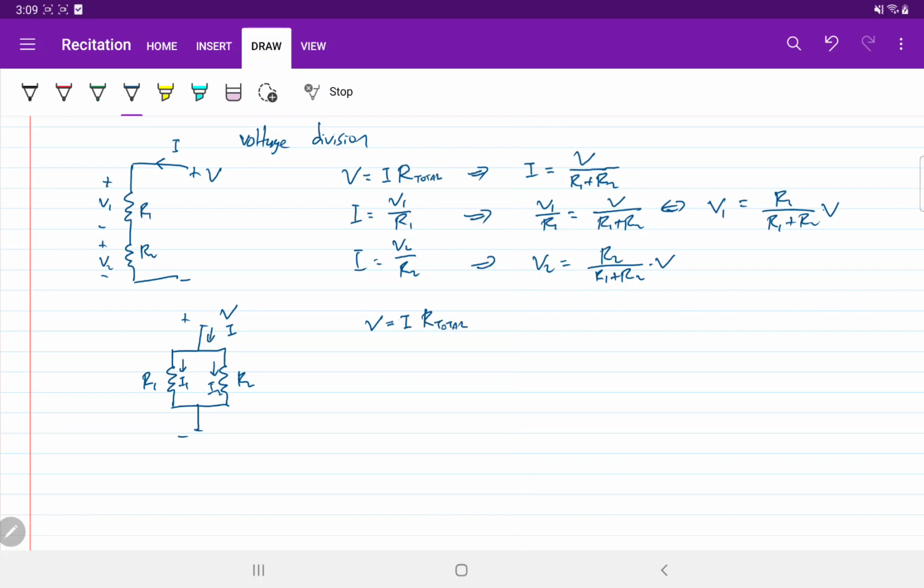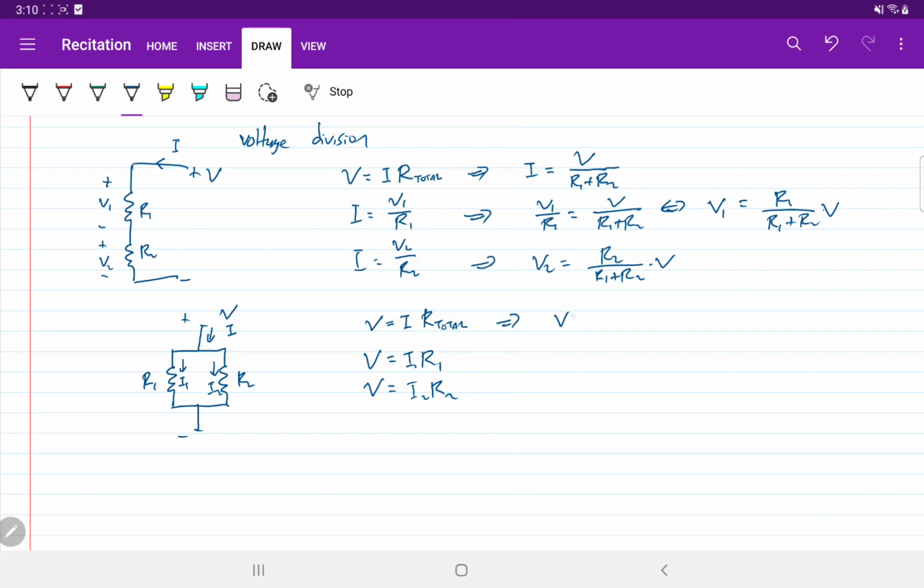Again, since these resistors are in parallel, then we know that V is also I1 R1, V is also I2 R2. So we have what here?